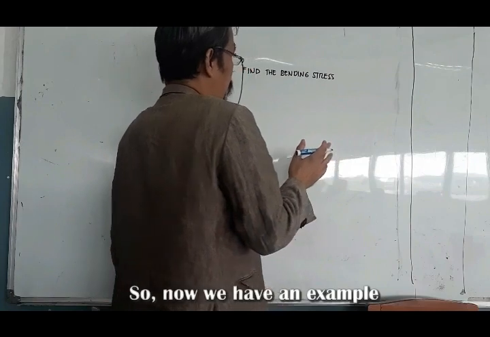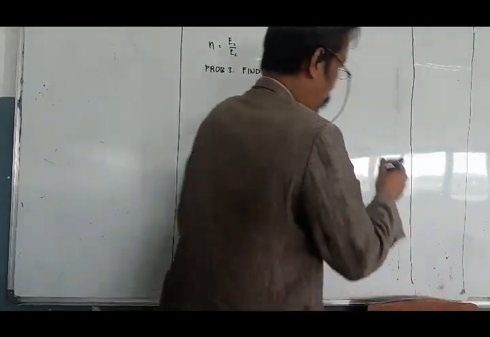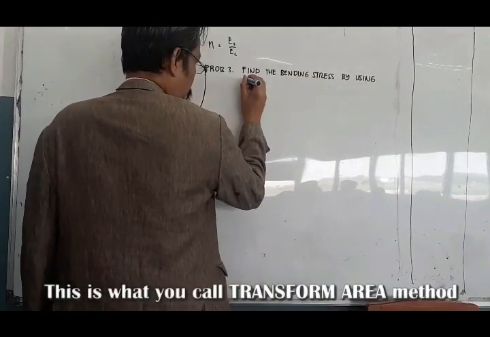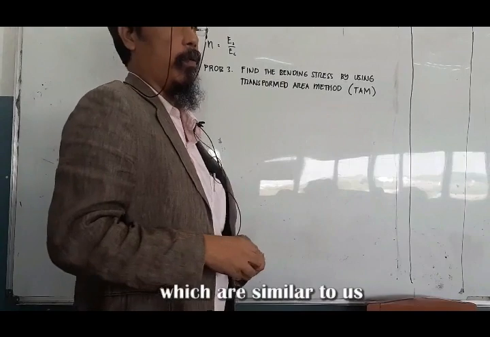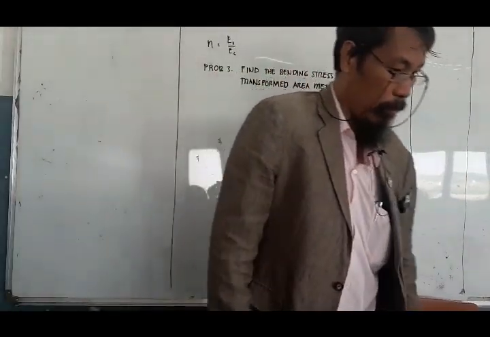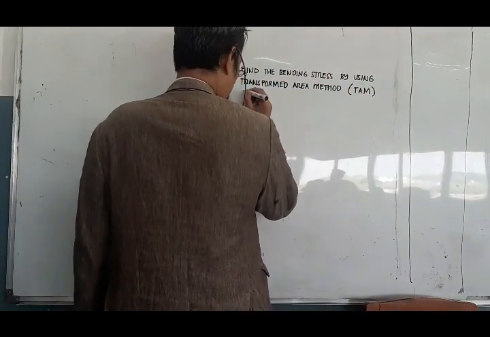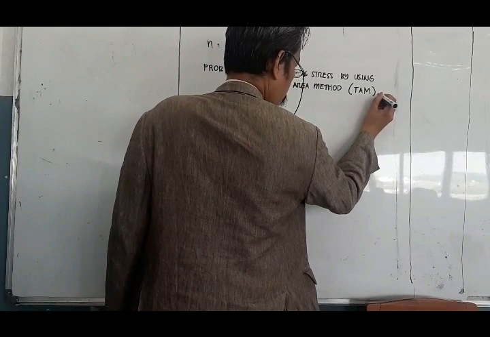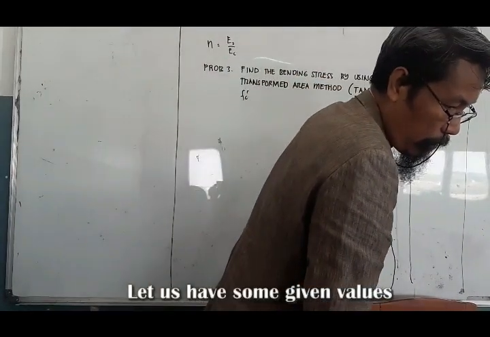Now we have an example for the next stage. This is what we call the transformed area method, which is familiar to us in strength of materials. Let us have some given values.